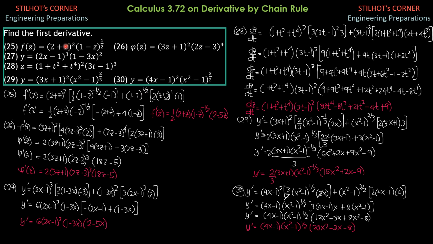The derivative of the first is 2 quantity 2 plus z raised to 1, or simply quantity 2 plus z, or z plus 2. Then the derivative of 2 plus z is 1. So for the constant, let's factor out 1/2. For 2 plus z, the least is z plus 2, or 2 plus z raised to 1.